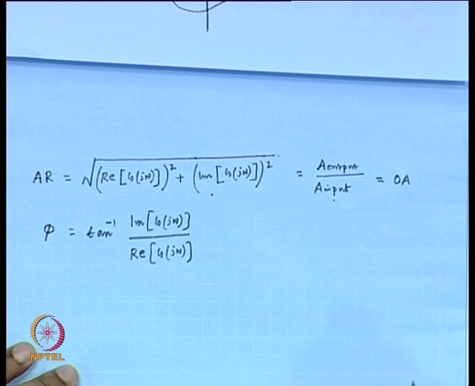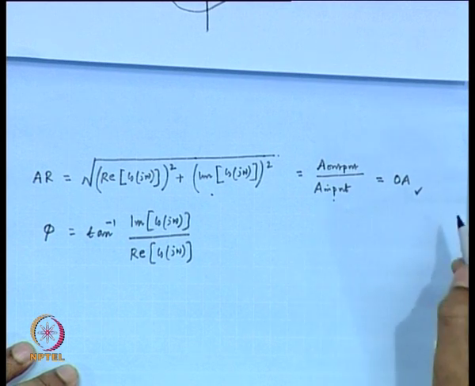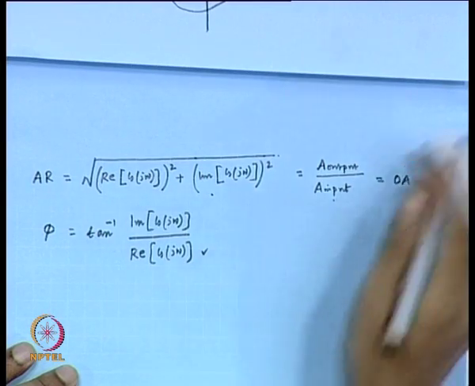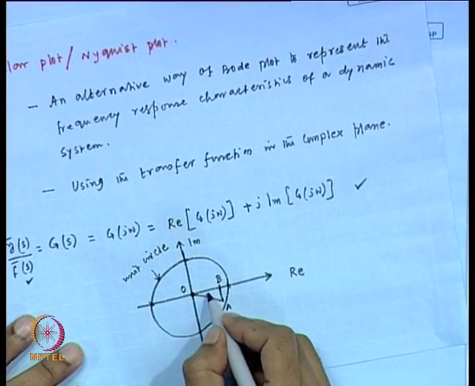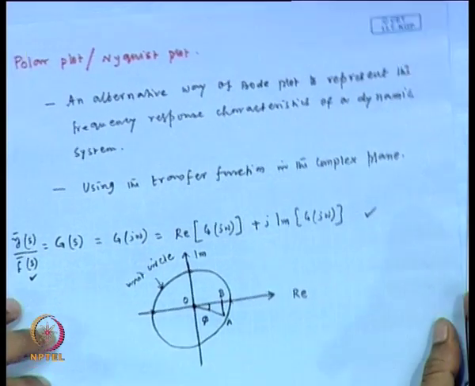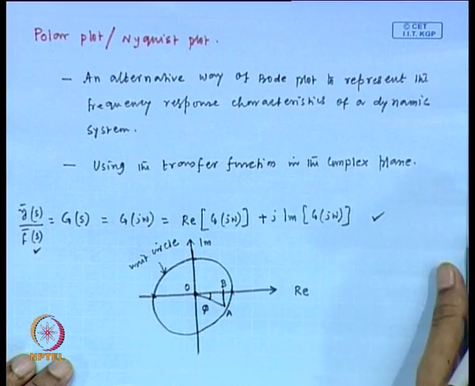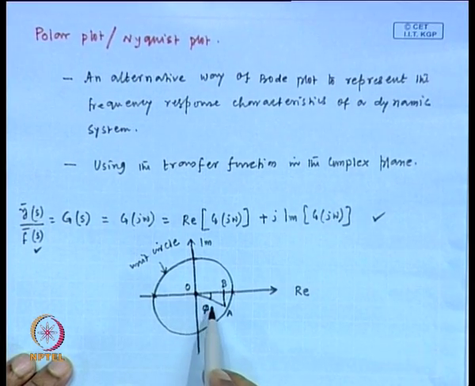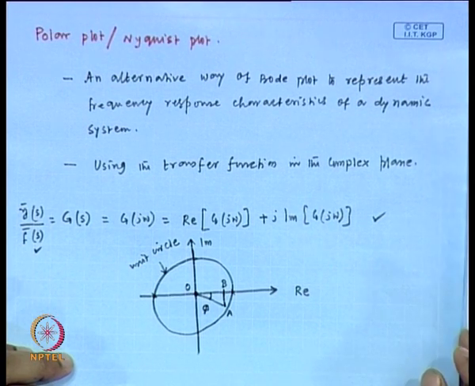Then this is basically the magnitude of this G(j omega). How much is argument? Argument is this one, phi. That means this angle is phi, and this OA is representing the amplitude ratio.